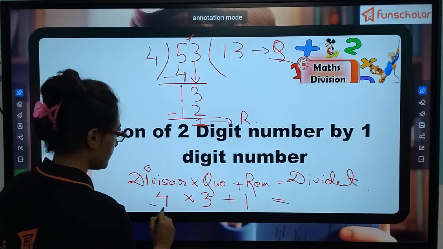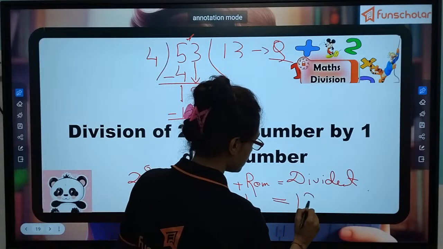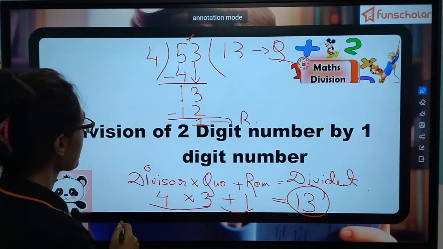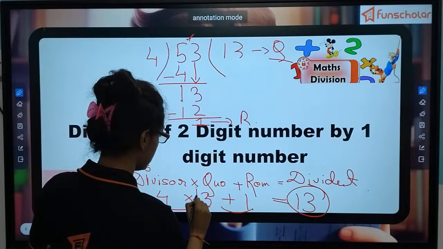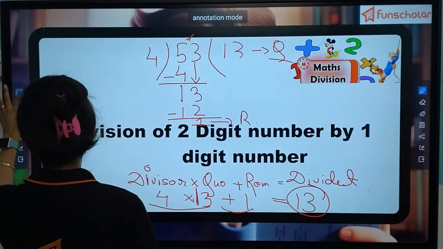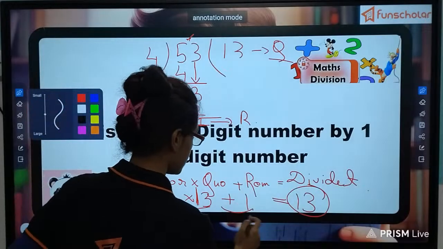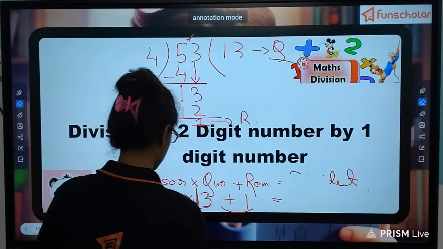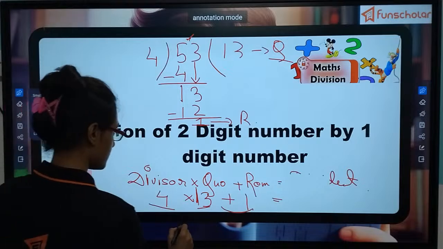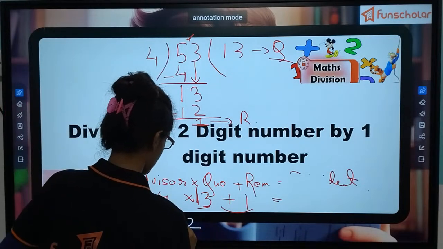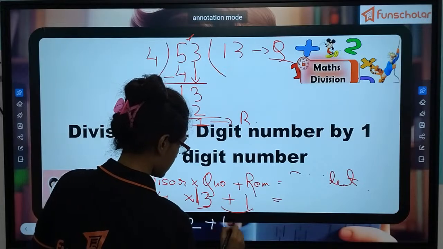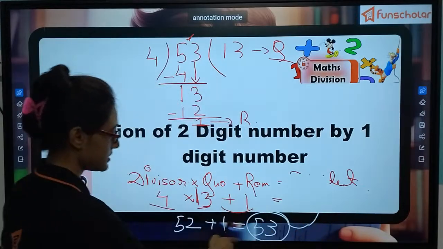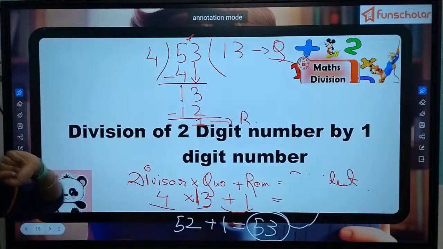So what we are getting? 4 13s are 52. 52 plus 1 is equal to 53. Sorry, extremely sorry. The quotient we got is 13. So 53 is the dividend.